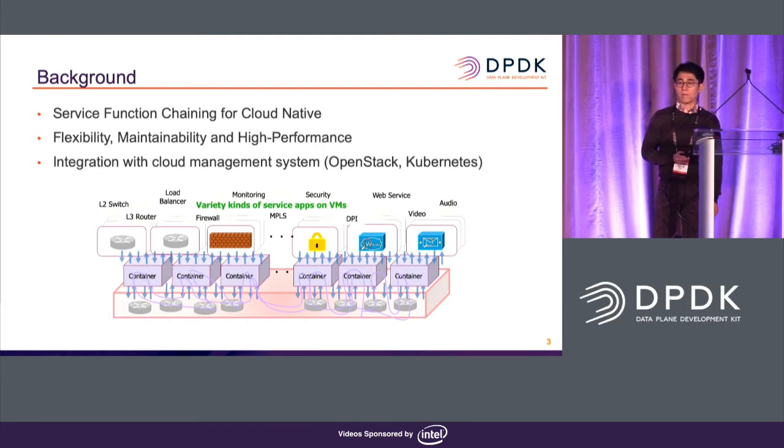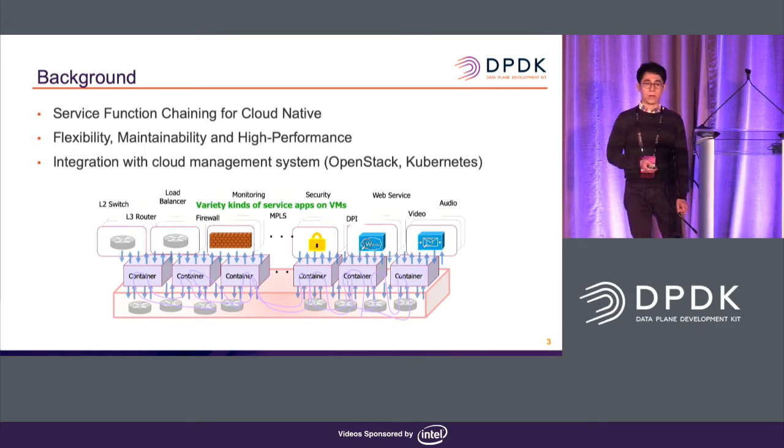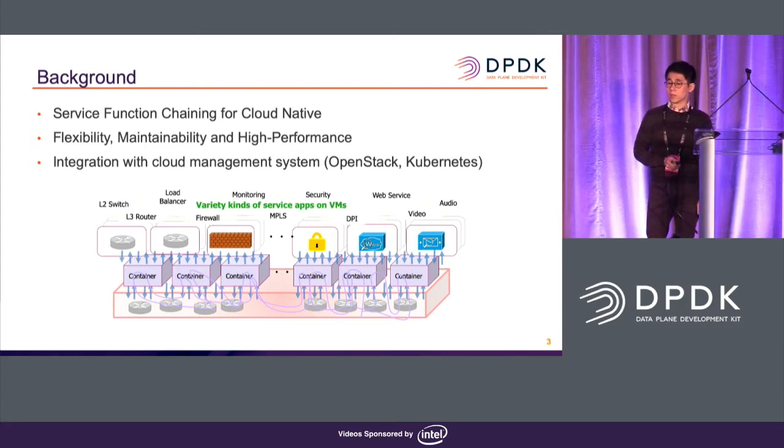And high performance is also important for us because we're keeping the service quality. And integration with cloud management systems such as OpenStack or Kubernetes is also a very important challenge for us.